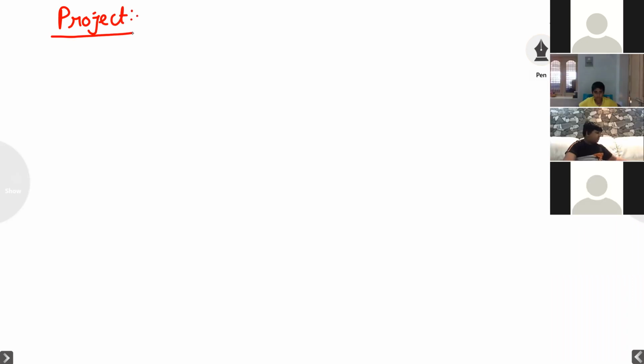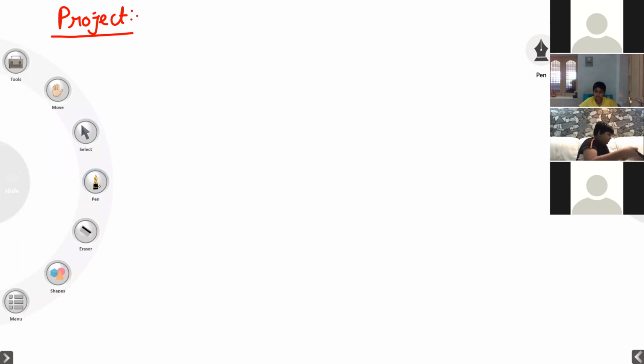This project work you have to do on the chart paper. After completion of the project, you have to share it with me. Note down the project in the class notebook.